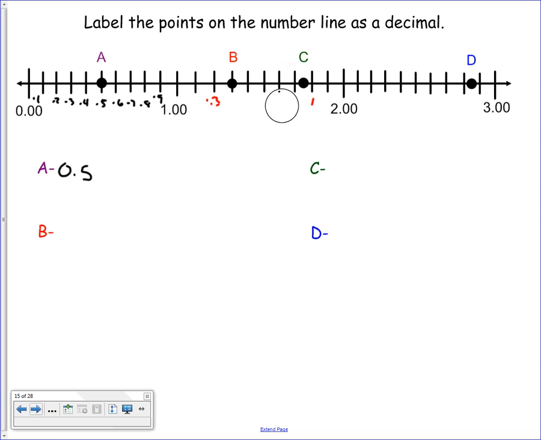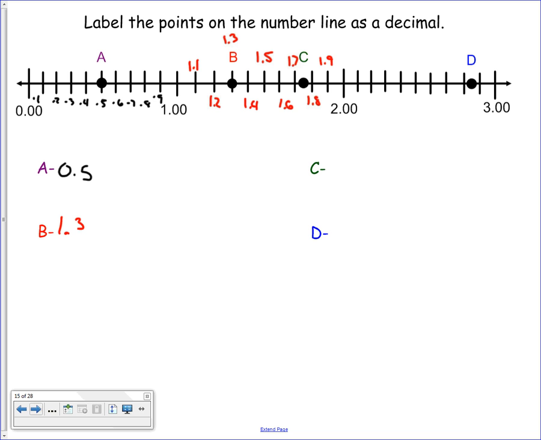I noticed that I was going to wind up not right, but what happened is I started counting at the wrong one. So this is 1. Here's 1, 1.1, 1.2, 1.3, 1.4, 1.5, 1.6, 1.7, 1.8, 1.9. There we go. So B is right there on 1 and 3/10.